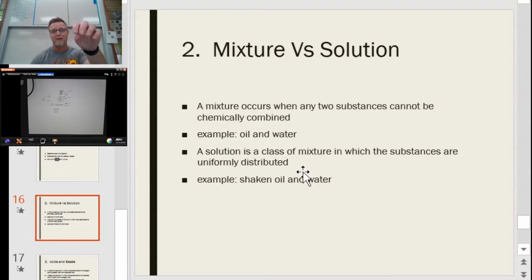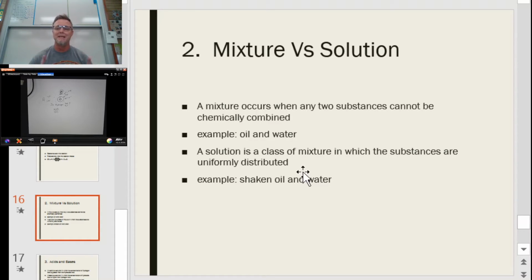We could easily pluck a football player out of the gym. We could pluck a cheerleader out of the gym, a volleyball player out of the gym. That makes it a mixture, okay? If we turned on the fire sprinklers while they were all in there and got everybody wet, now you'd have a solution. When you put a mixture in water, you make a solution. Obviously, everybody in the gym would not be real happy with Mr. Kennedy, but that's how it happens.